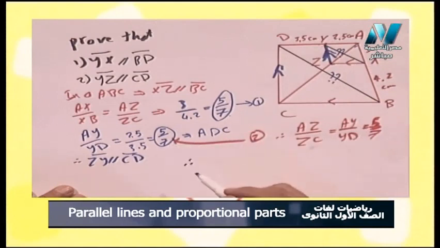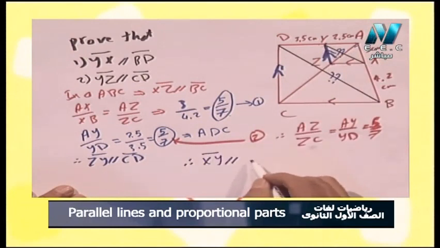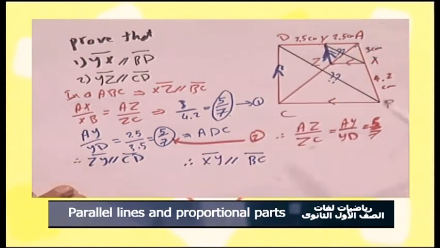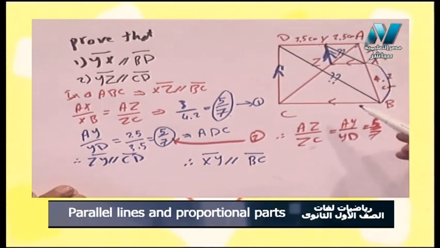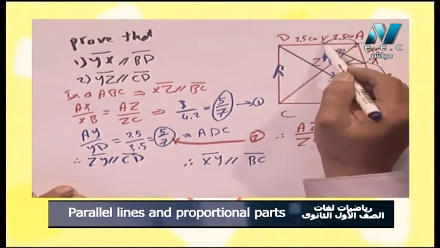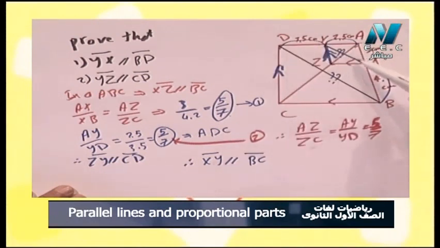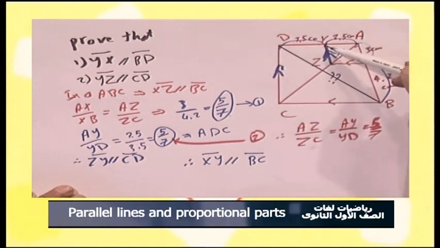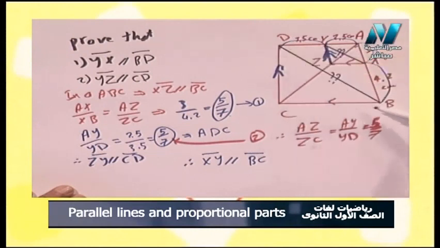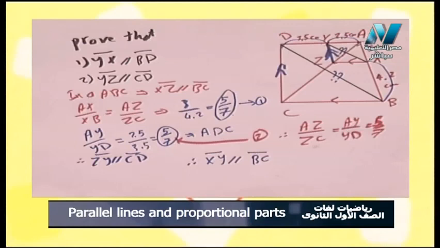So we can say that, therefore, XY here parallel to BC, because we have this ratio AX over XB equals AY over YD, and we have this line segment and this line segment included. So if this one over this one equals this one over this one, we can deduce easily that YX parallel to DB. Okay.